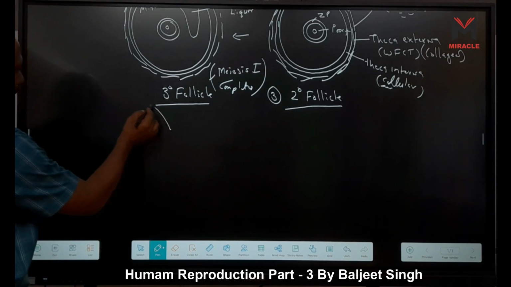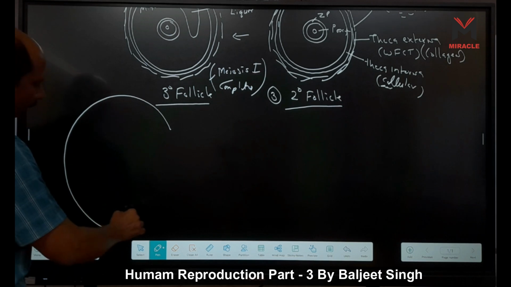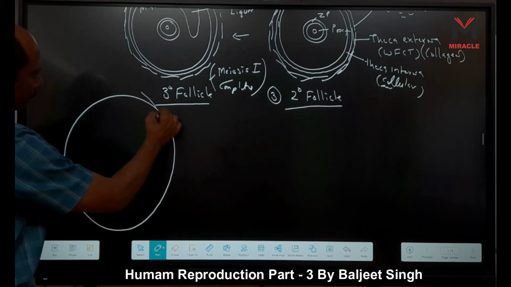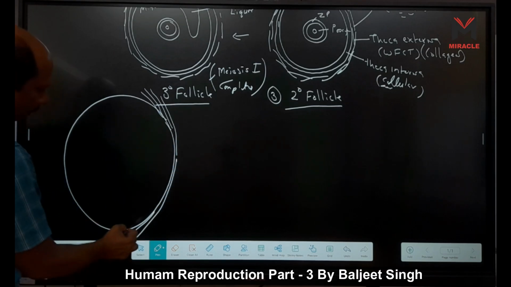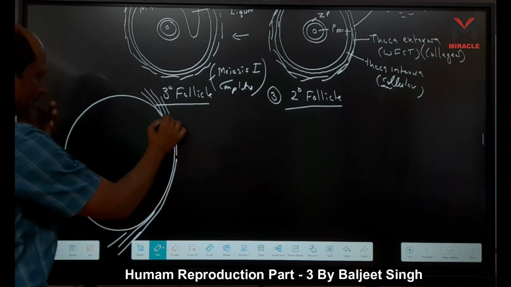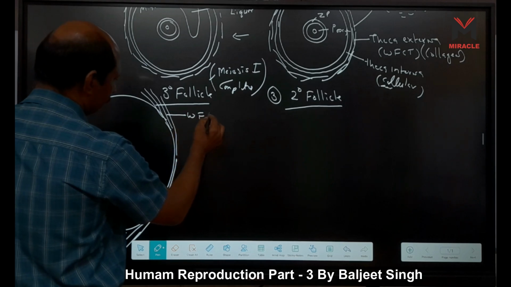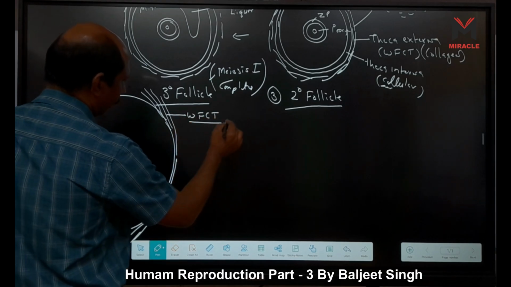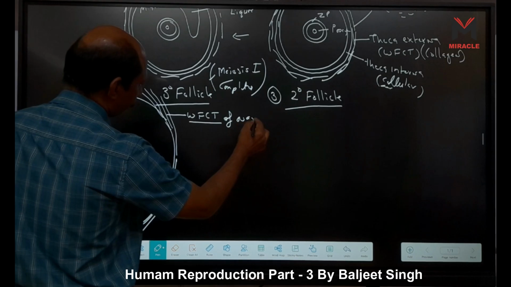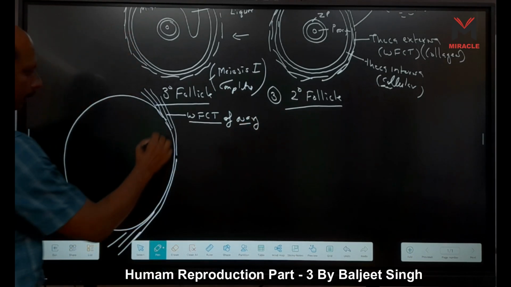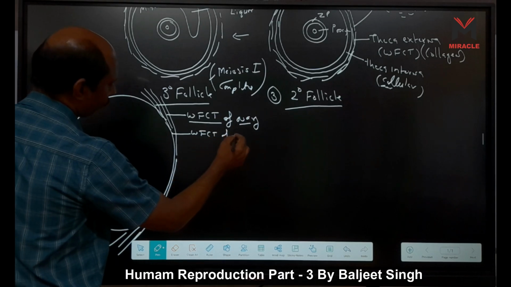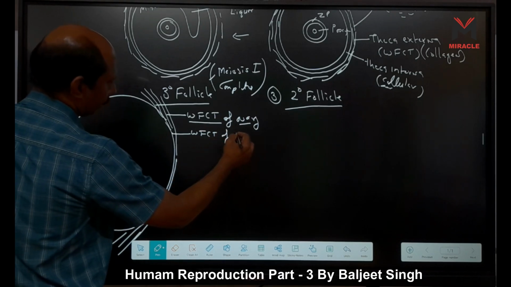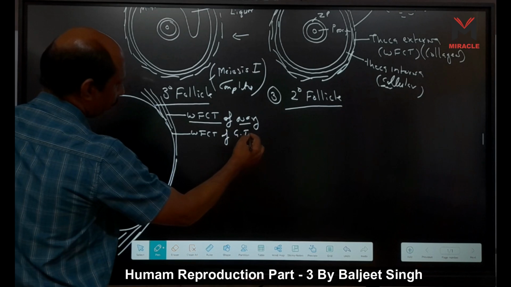Now this is our mature Graafian follicle. On the outer side it is attached with the white fibrous connective tissue of the ovary, and this is also the white fibrous connective tissue of the follicle, tertiary or Graafian follicle.